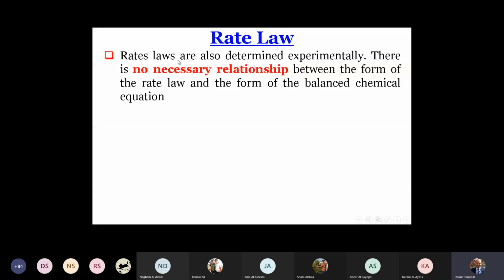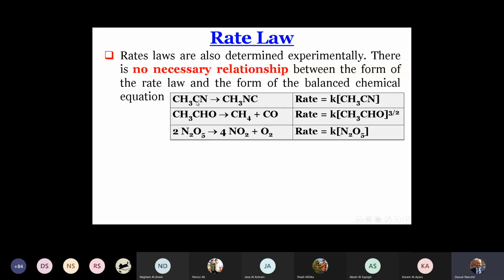The rate law expression is determined experimentally one time. You did the experiment one time to find the rate law expression. And there is no necessary relationship between the form of the rate law expression and the form of the balanced chemical equation.